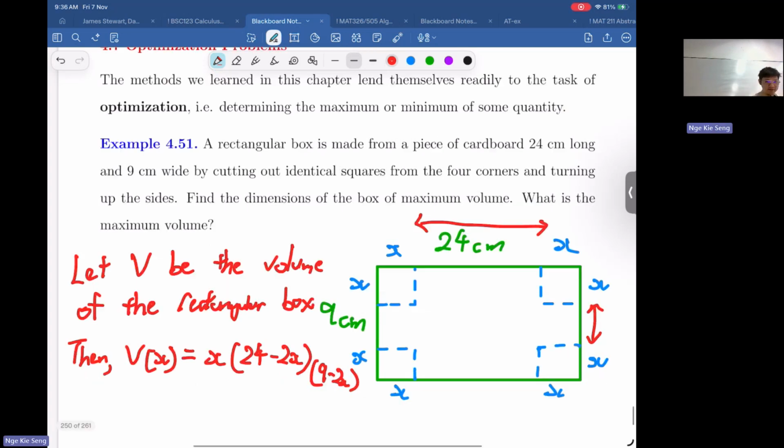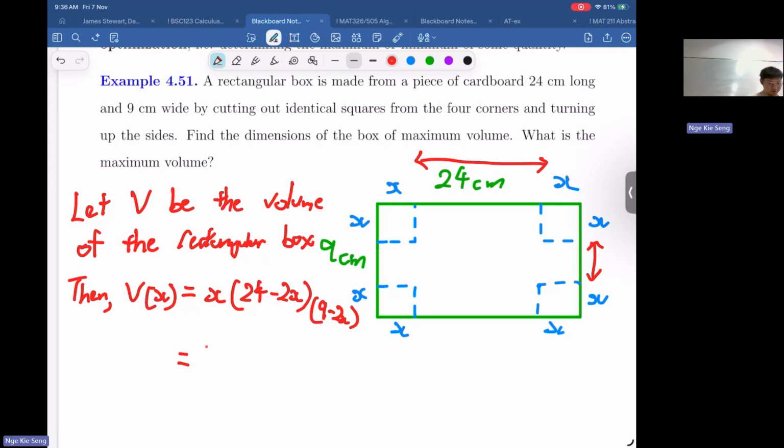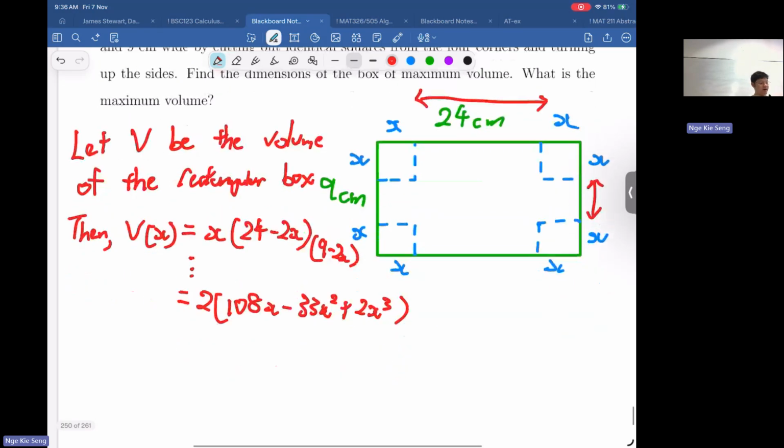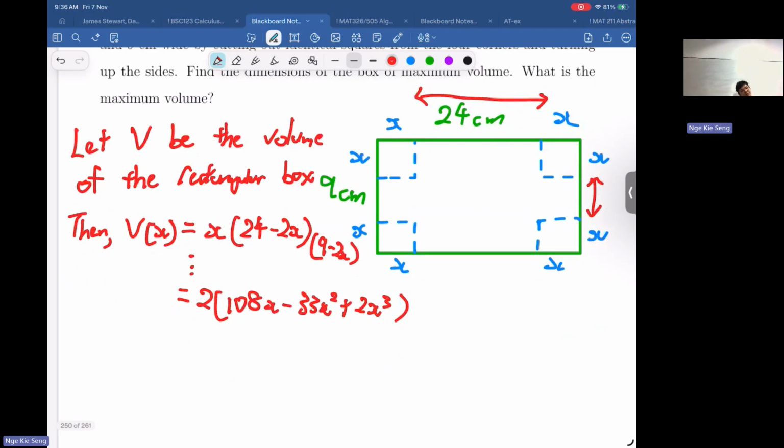Okay, so if you expand this, I think what you get is 2 times 108x minus 33x squared plus 2x cubed. Okay, so you need to be careful for the local maximum or minimum that you find. Make sure that value really gives you some meaningful number here. You don't want to pick the negative one. You want to pick the positive one.